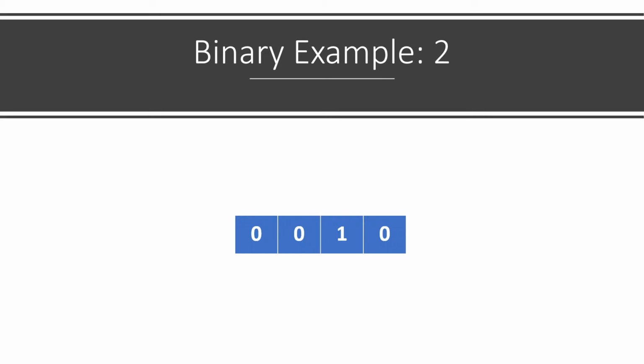So you may be able to guess for binary number 3 here. And it might be helpful if I can draw on this. So we have a value of 1, a value of 2, a value of 4, and a value of 8. So we can see how we got 3 here.